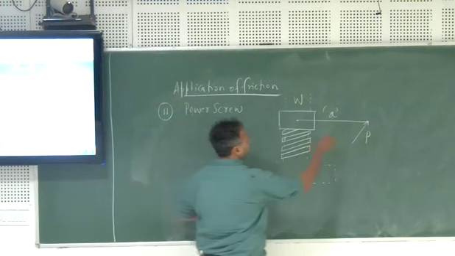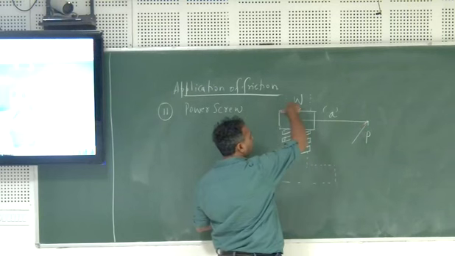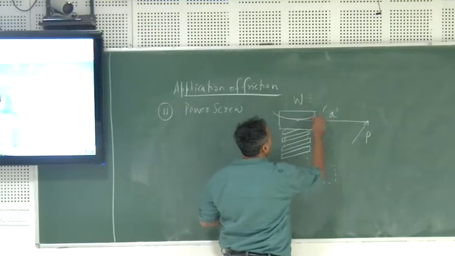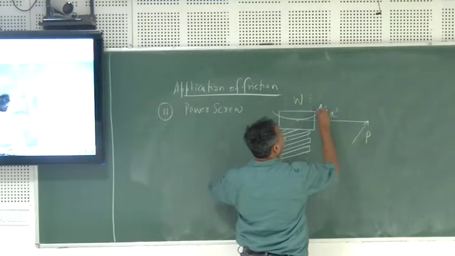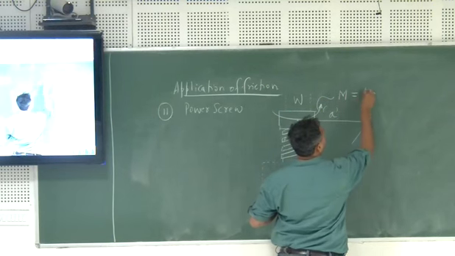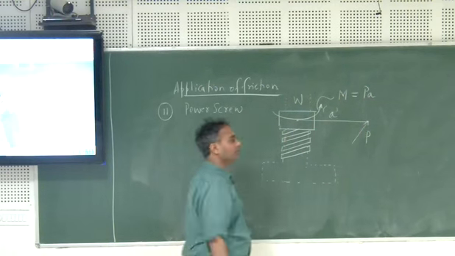Now, since we have to apply a load P over here, it means that we have to apply some moment. If we want to connect this moment M with the load that we are applying, that can be written as P times A. A is the arm length of this particular lever.